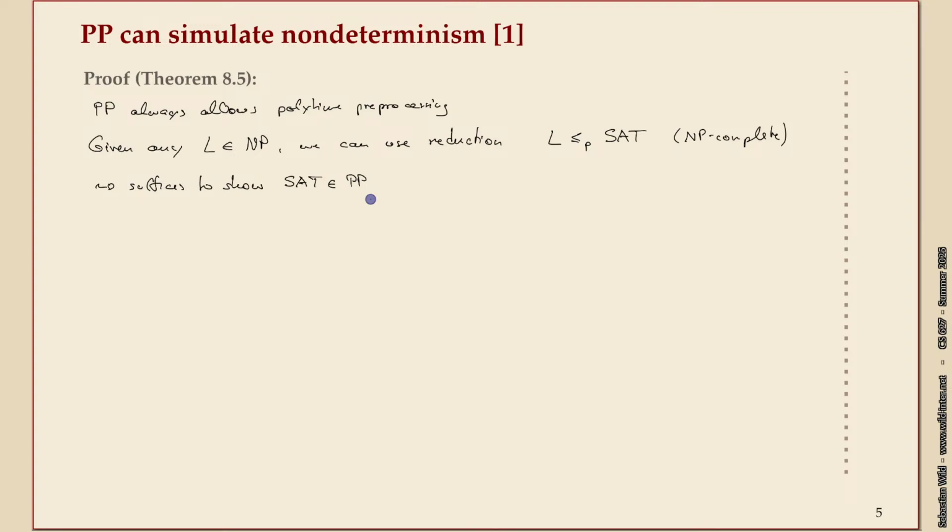Given a Boolean formula, decide whether it's a tautology, that's true for any variable assignment. And we can use that to show the other inclusion. But we'll focus on SAT here.